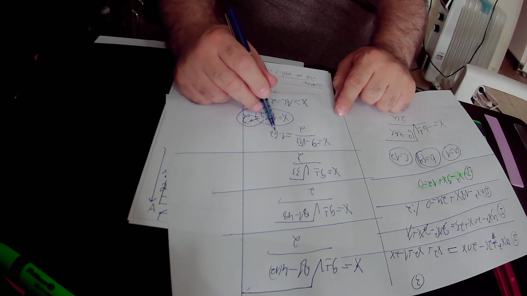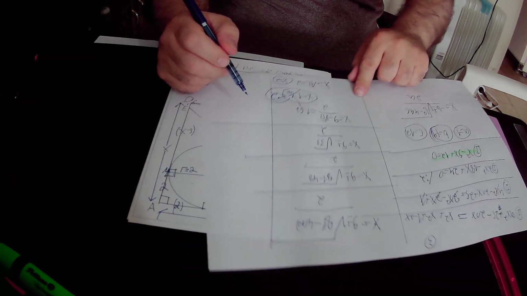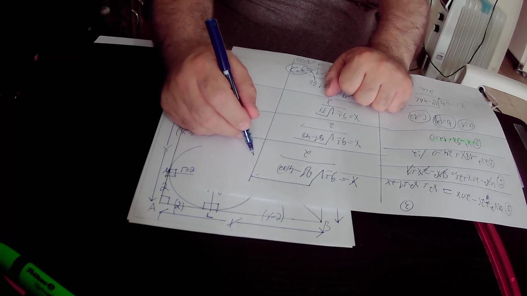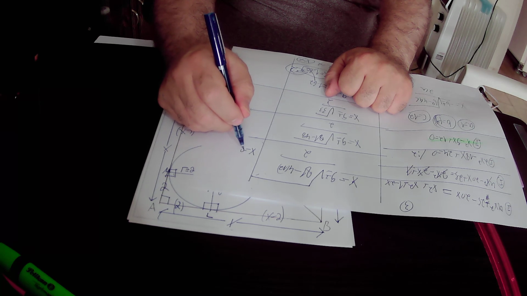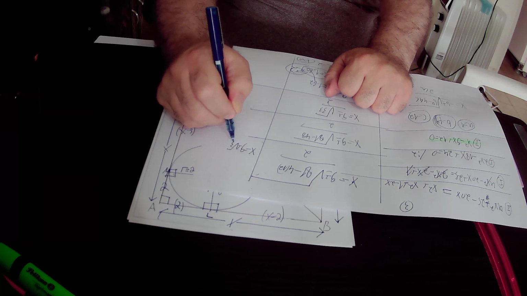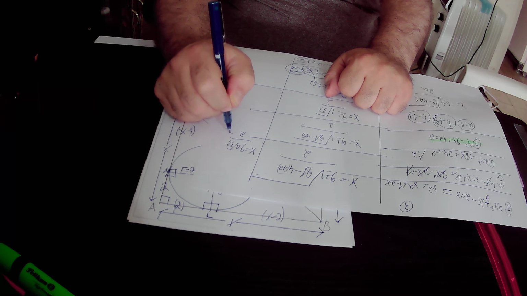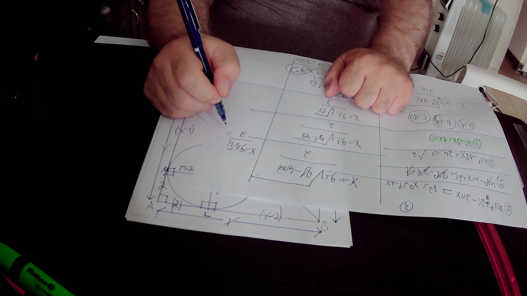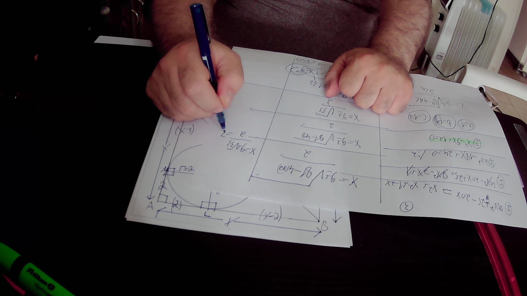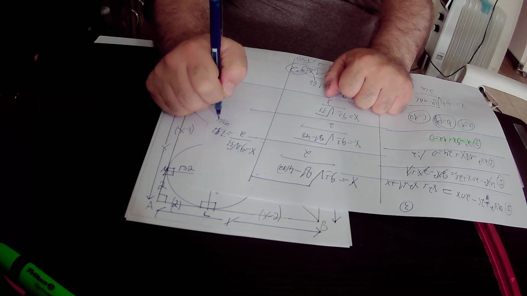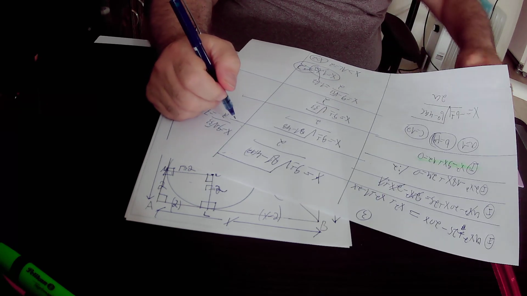This is an incorrect solution. We are left only with the second solution, that x equals 9 plus square root of 33 over 2 units, or in terms of numbers it is 7.37 units.